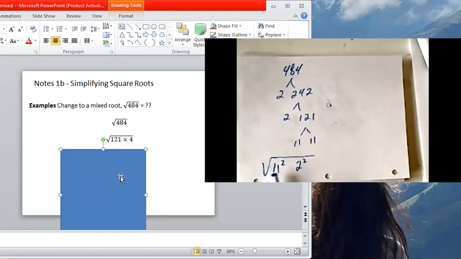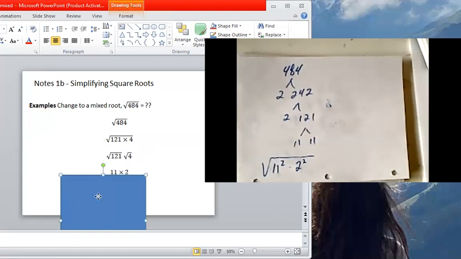Right, so 11 squared is the 121 on the left side. 2 squared like that. Split them up. Squared undoes the 121. It's 11. Square root of 4, 2.